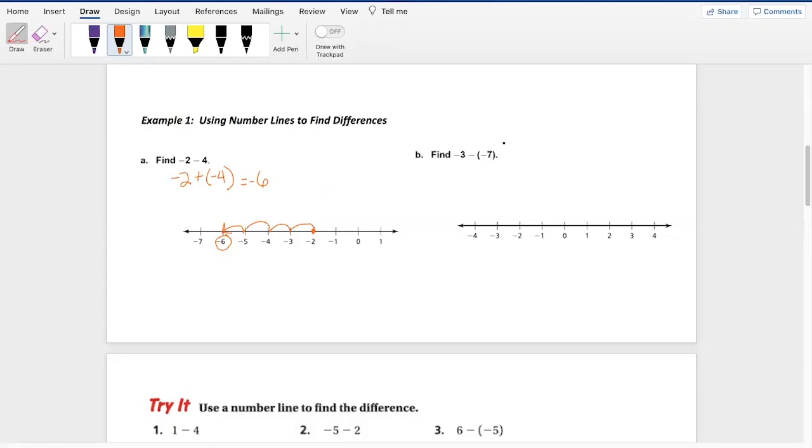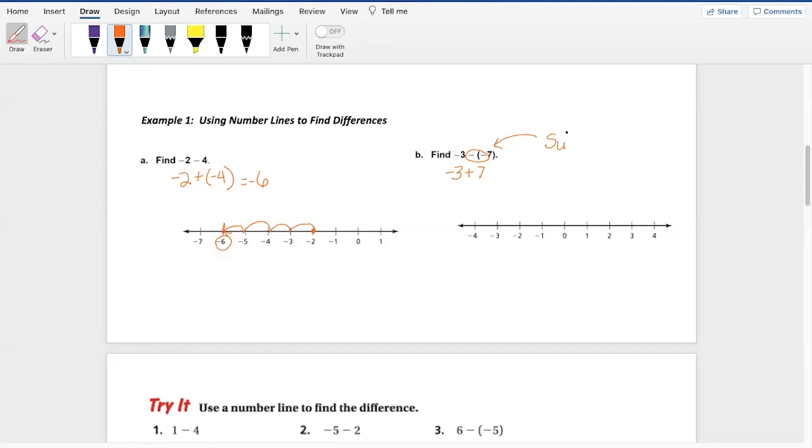Here's another one. So again, I'm going to start with my negative 3. I'm subtracting an integer, so it's the same as adding its opposite. Opposite of negative 7 would just be a 7. And this is also where, maybe you've seen in the past, subtracting a negative is the same as adding.